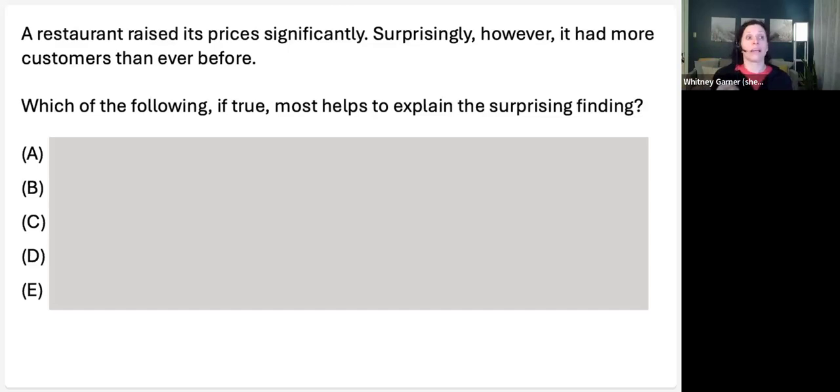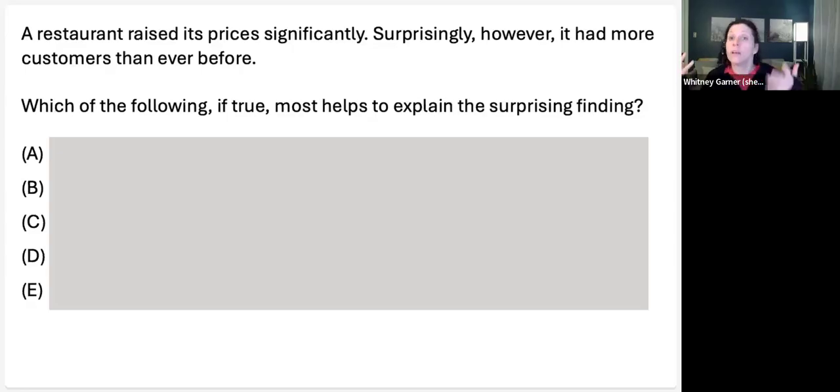Or they're going to tell you up front: normally, when prices go up, demand goes down, and a restaurant raised its prices significantly. Surprisingly, however... So there will be times where they tell you, usually up front, what the expectation would have been, and then, surprise, that's not what happened. If they don't tell you what the expectation was, and you know you're in a surprising finding or paradox, then it's because that thing is based on a relationship that you're supposed to already know about.